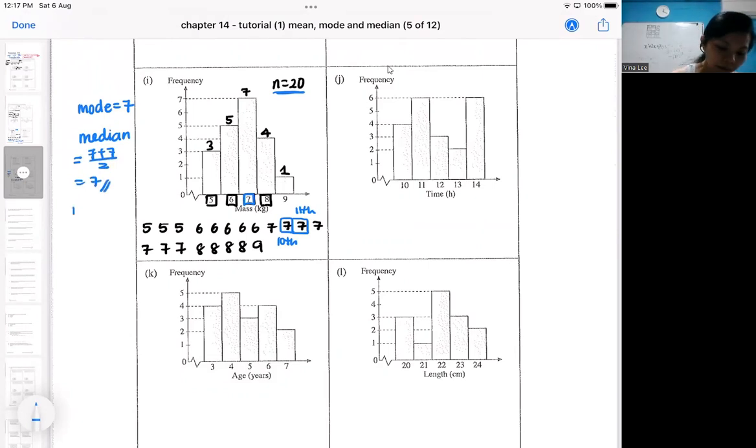For the mean, again, you got to add up everything. But maybe it's easier if you multiply them, something like this, 3 times 5. You add them up in groups. It's easier if you have added them up in groups.